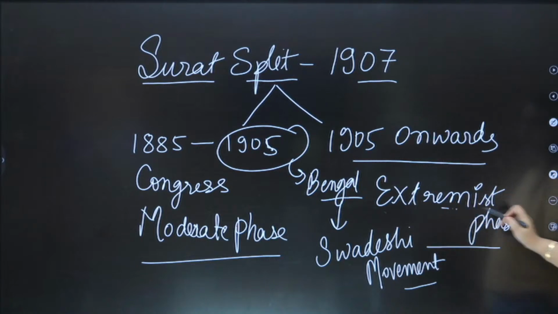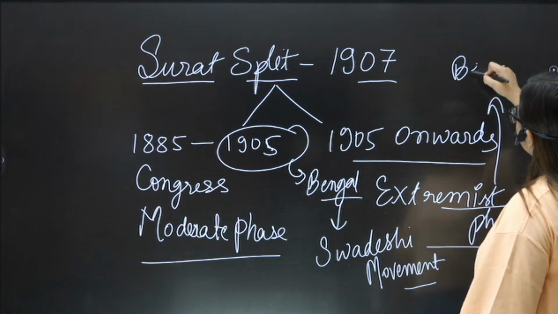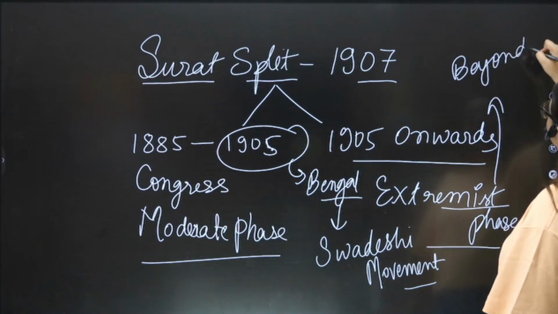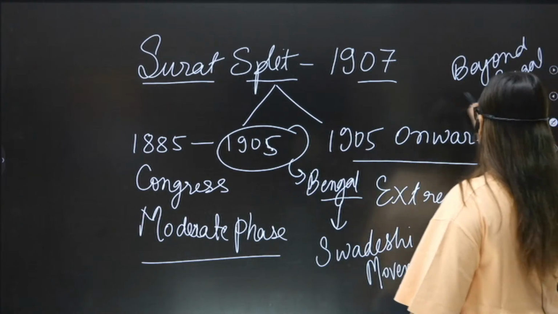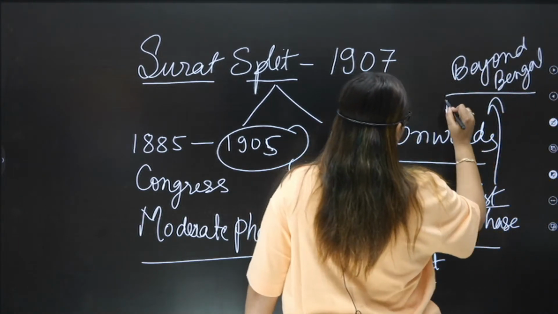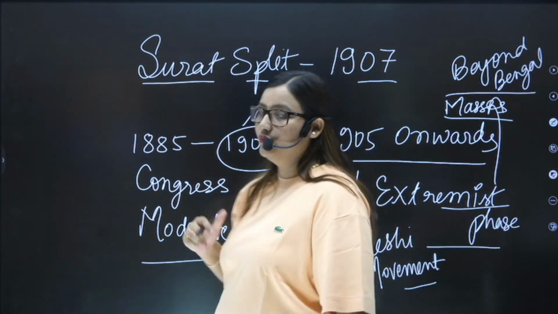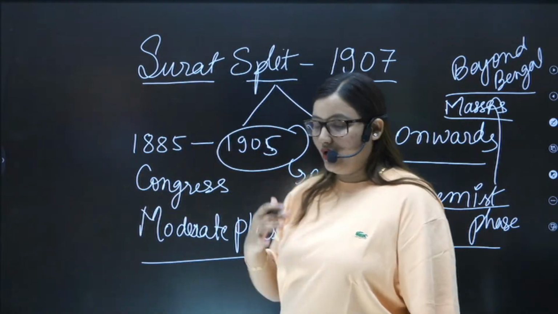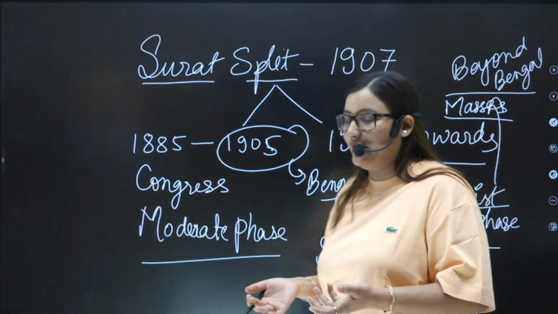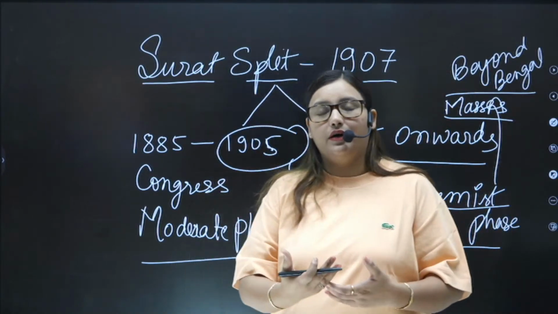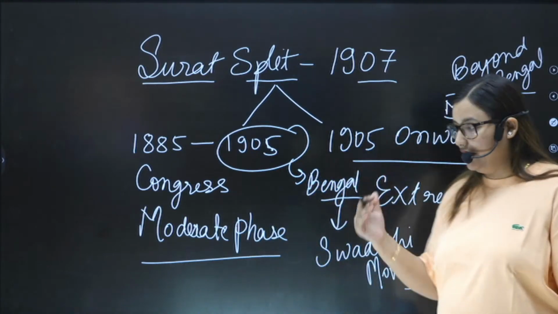But extremist leaders wanted to go beyond the Bengal region. They wanted to include the entire India in it, and they also wanted to involve the masses in the Swadeshi movement. So, on this particular matter only, on the way of leading the Swadeshi movement and how they will proceed further, this split happened because they both became very rigid.